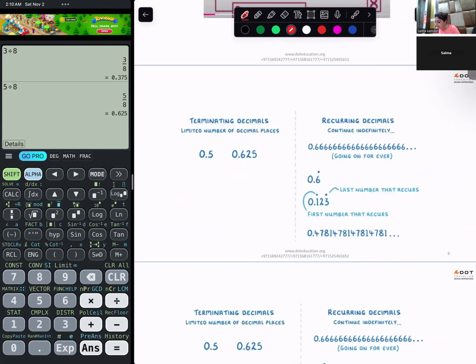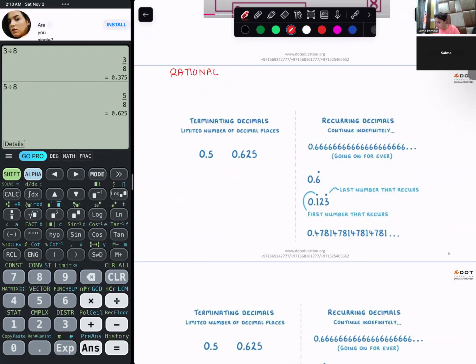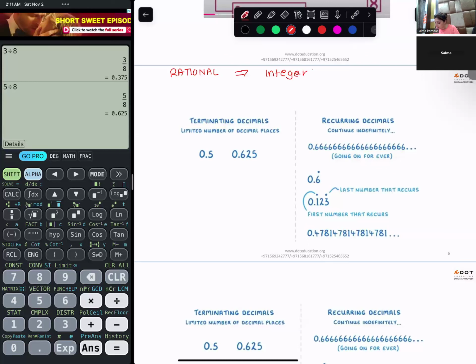So up till now, we have done rational numbers. What are rational numbers? Your integers are your rational numbers. What is an integer? Whole numbers, positive, negative, or zero.